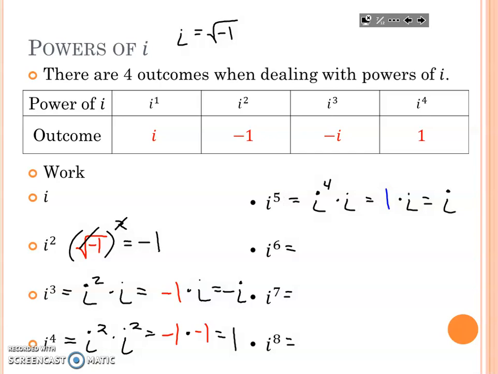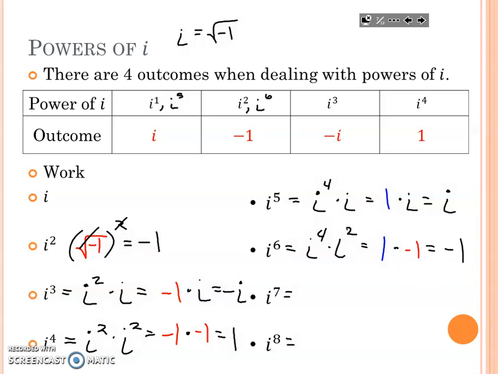So my pattern starts all over again. i to the fifth just equals an i. When I do an i to the sixth, I can say that's i to the fourth times i squared. So really that's just a 1 times i squared. And we know, because we just found this out, i squared actually equals -1. So that's a 1 times -1, which gives me a -1 for my answer.